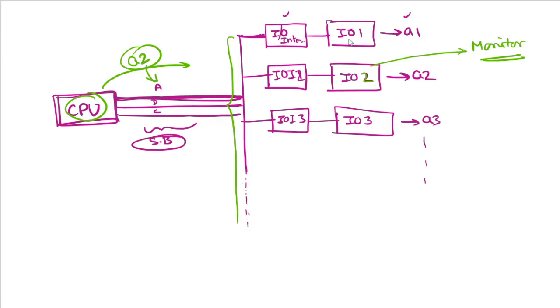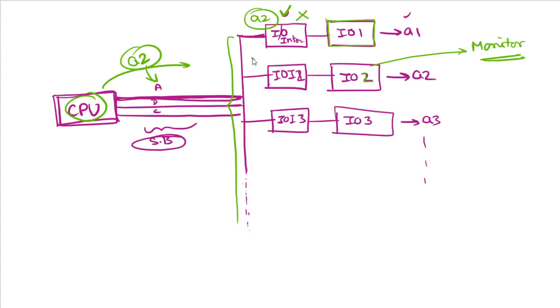all the IO devices. But what the IO interface will do is check if the address is similar to that of the IO which it is connected to. If, for example, A2 comes here, this IO interface says this particular request is not for IO1.